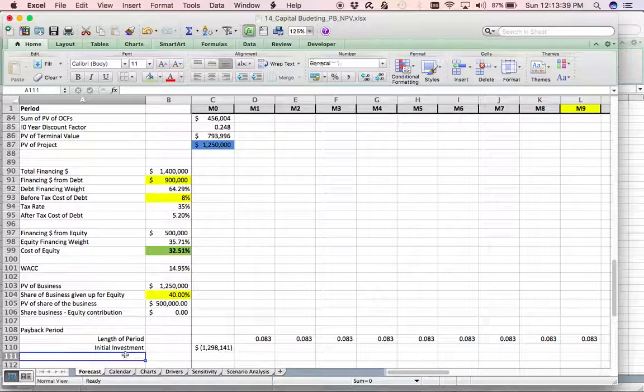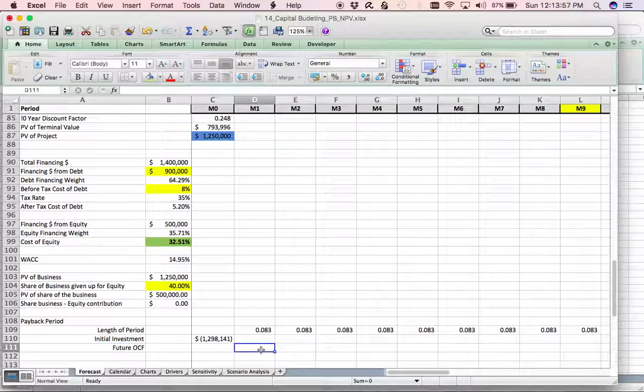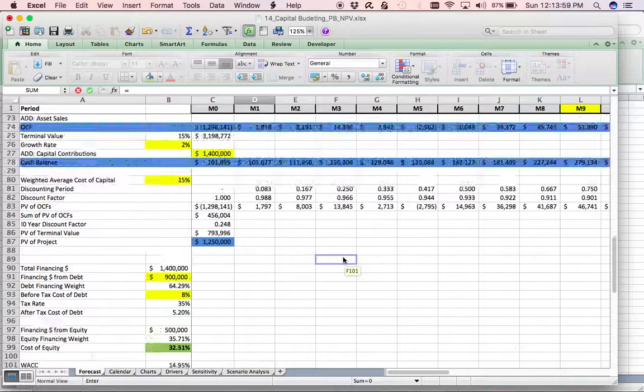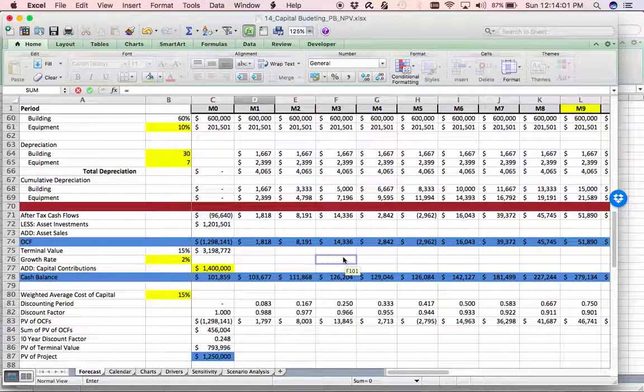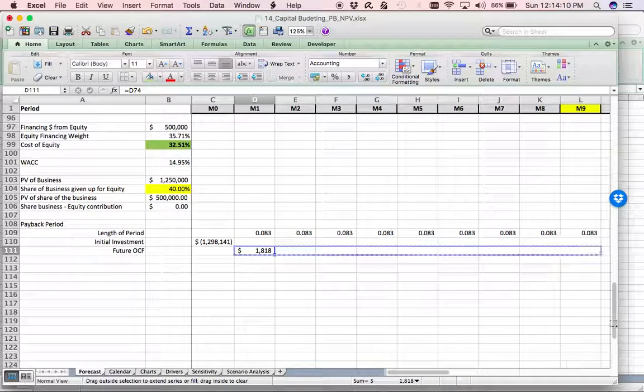And then we've got the other OCFs, right? So the other operating cash flows, let's just call it future. So rather than the period 0, the future OCFs. And we'll set that equal to, we'll just go up here and grab the next ones. There we go. And again, we can drag that on out.